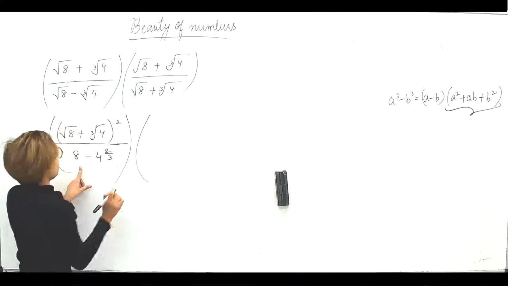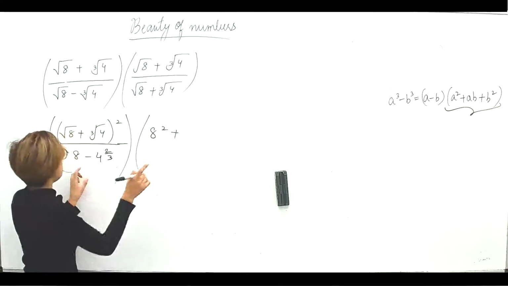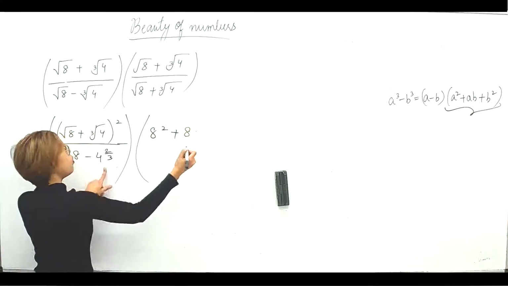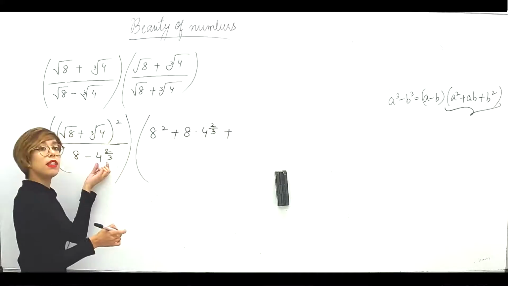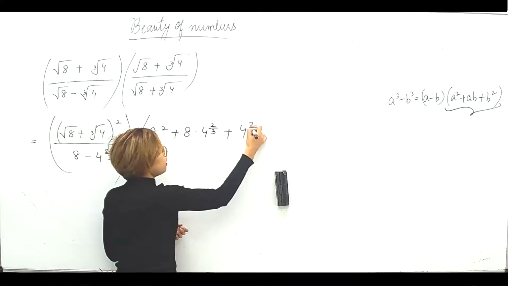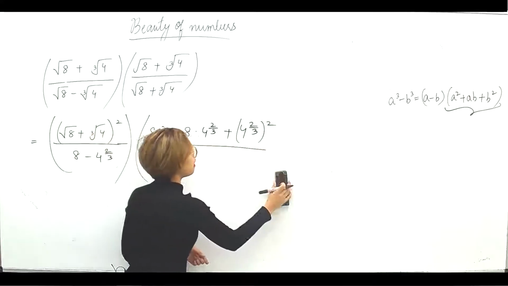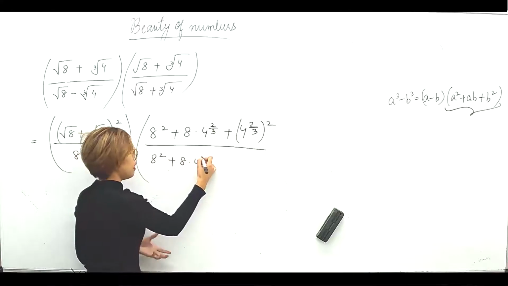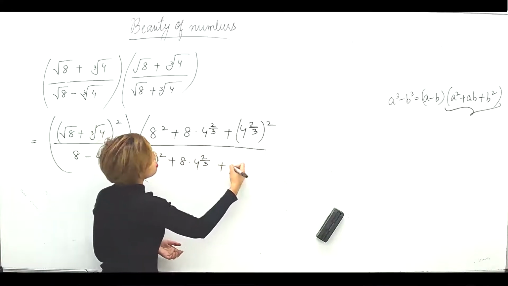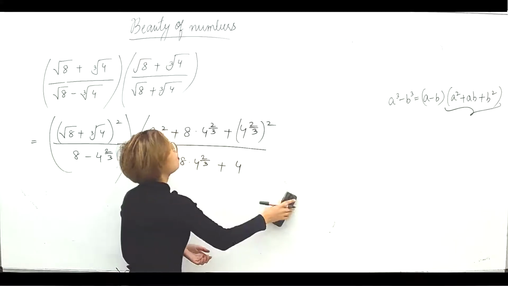Now a square, now a in this case is 8, so 8 square plus ab, so 8 into 4 raised power 2 by 3 plus b square, now my b is 4 raised power 2 by 3 whole square. Right? So of course you need to divide by the same, so 8 square plus 8 into 4 raised power 2 by 3 plus 4 raised power 4 by 3.